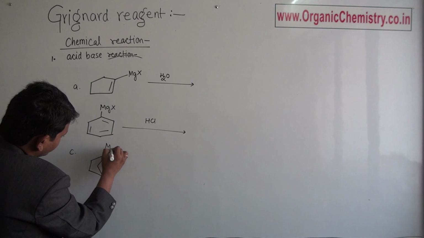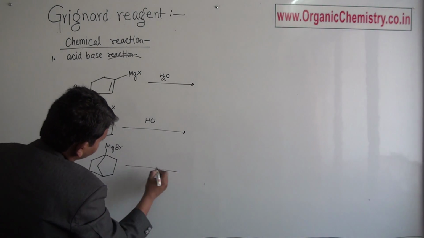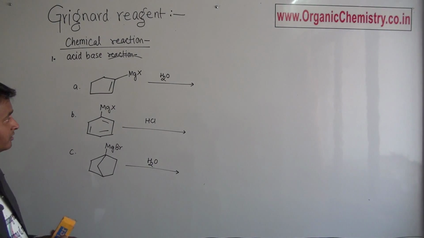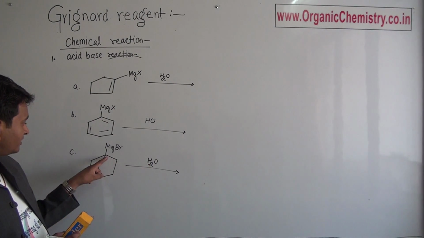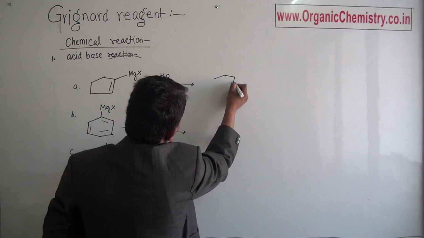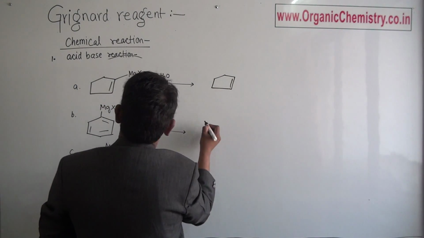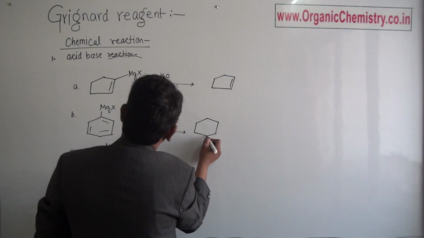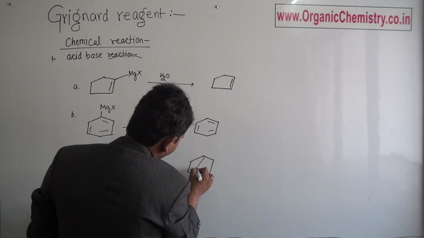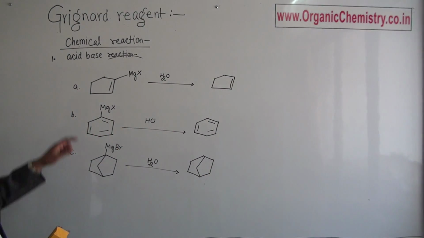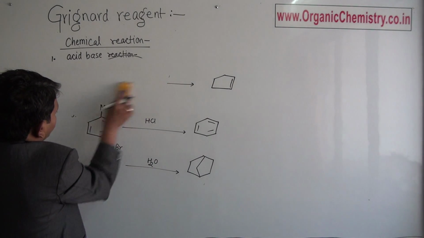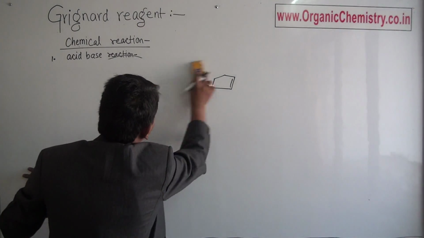Maybe like this: RMgX, water. So this is acidic hydrogen. This is a good base. It can easily attack over this to give this type of product. So one type of reaction is acid base, where hydrogen is attached with the alkyl part.